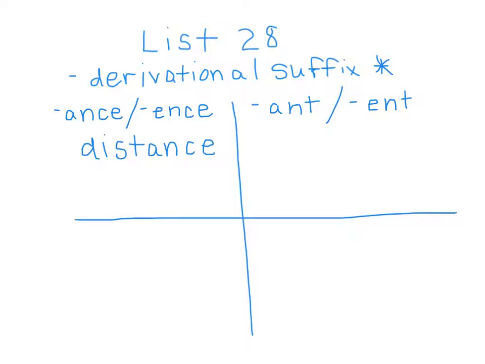The second word that I'm going to write down, I'm going to look across at the ANT ending, and I want to find a word that has an ANT, and I see the very next word in the list of the pattern words to my left is distant.